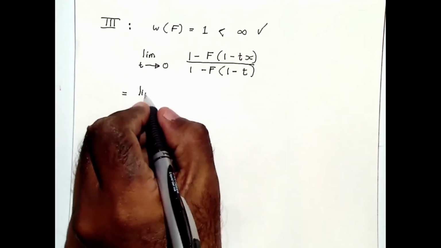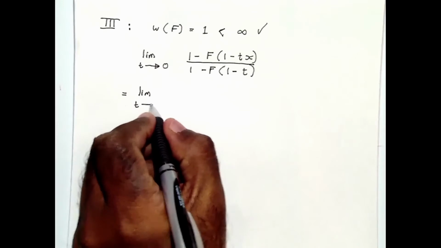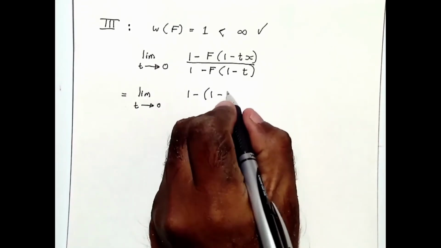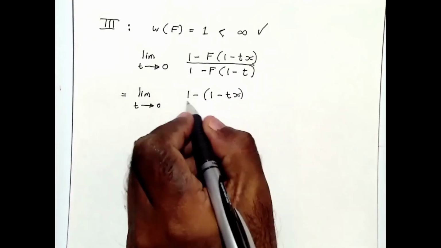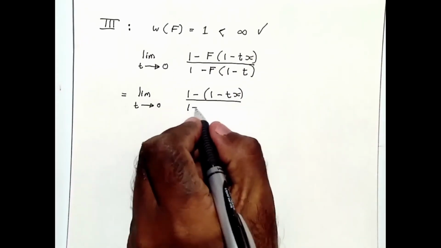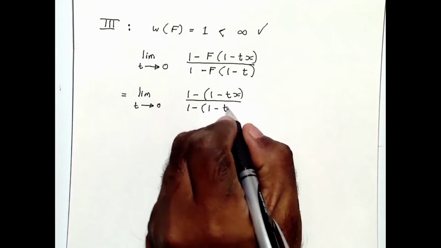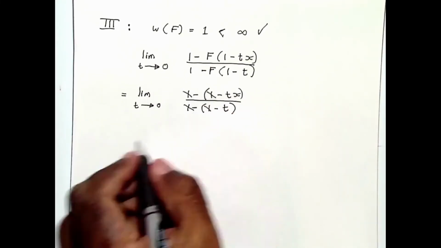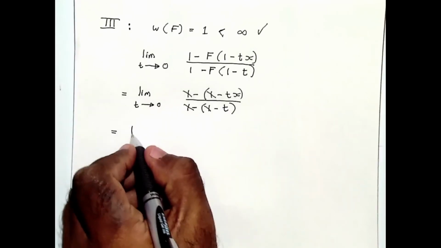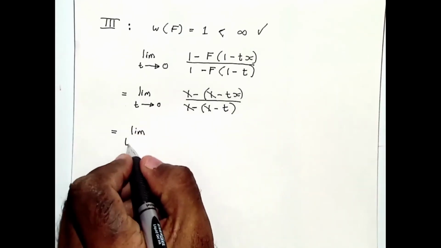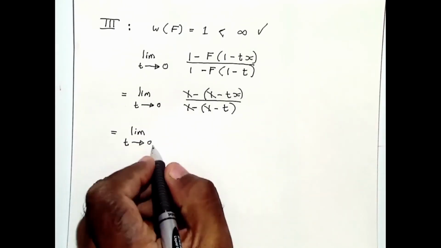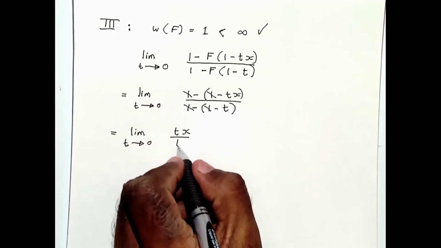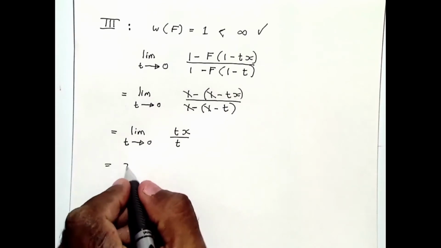So let's see what happens. So this is the limit, okay, the ones cancel out. Okay, so what you have is the limit as t approaches 0, tx divided by t, which is equal to x.